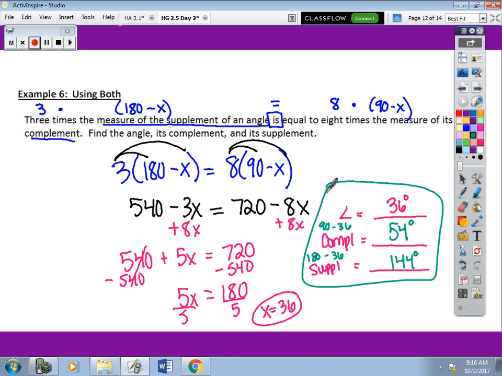See if you guys can try the closure, which is just a little question asking you to identify what the measure of each angle would be if they were congruent and complementary.